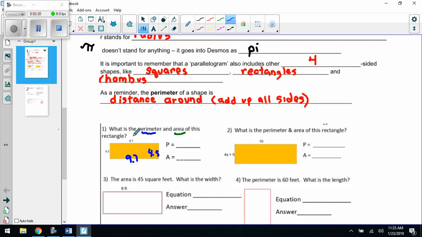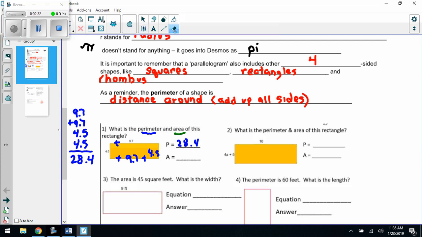To find the perimeter, we would just add 9.7 plus 4.5 plus 9.7 plus 4.5. When we do that, 28.4. So I went ahead and wrote out that addition problem over here just to explain how we got 28.4.